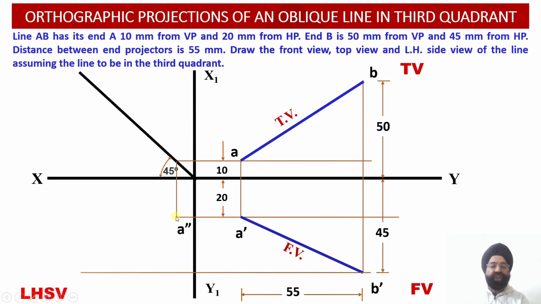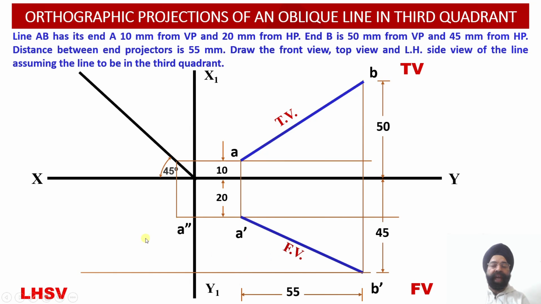Now please check the coordinates of this point A double dash. It lies 20 millimeter below the horizontal plane and 10 millimeter behind the vertical plane. So this way the coordinates of the point A double dash have been obtained.